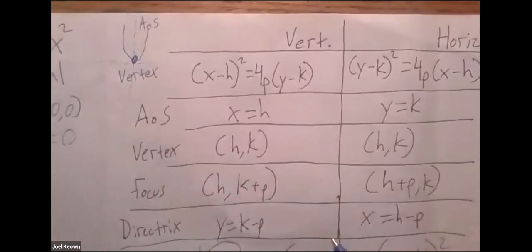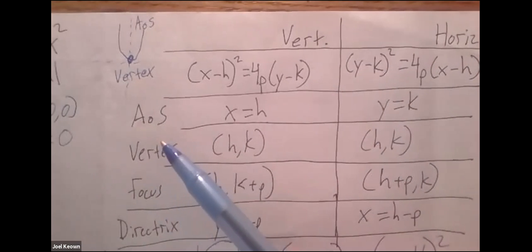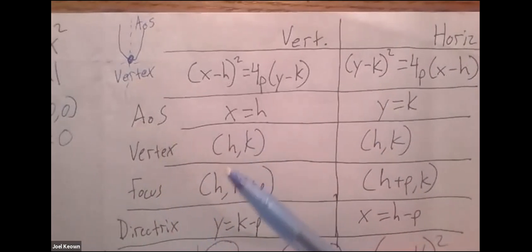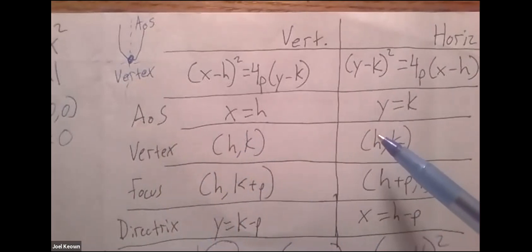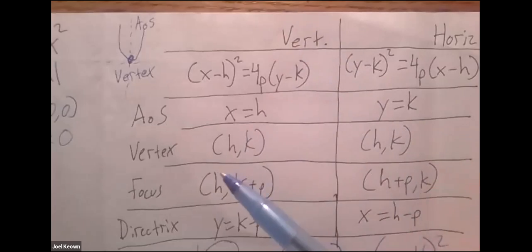So the x value stays the same. So let's look at these. Which one has the x value staying the same? Is it the vertical or the horizontal? Well, for vertex and focus, the x value stays the same. But here, the x value is changing. Okay, so it's vertical that those stay the same.